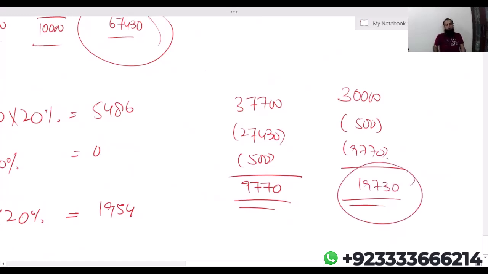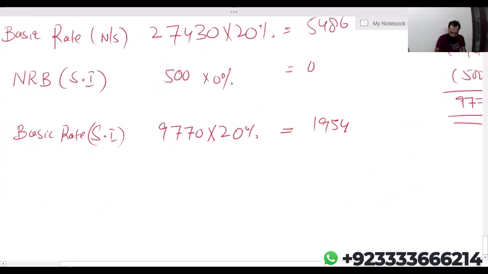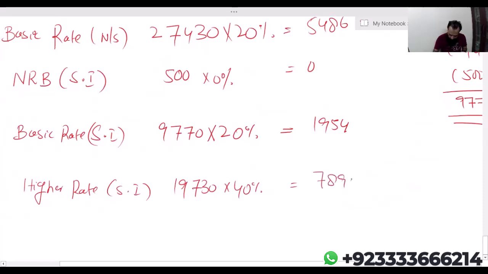On this 19,730, we will apply 40% because basic rate band is utilized fully. Higher rate, saving income, 19,730 into 40%. 7,892.